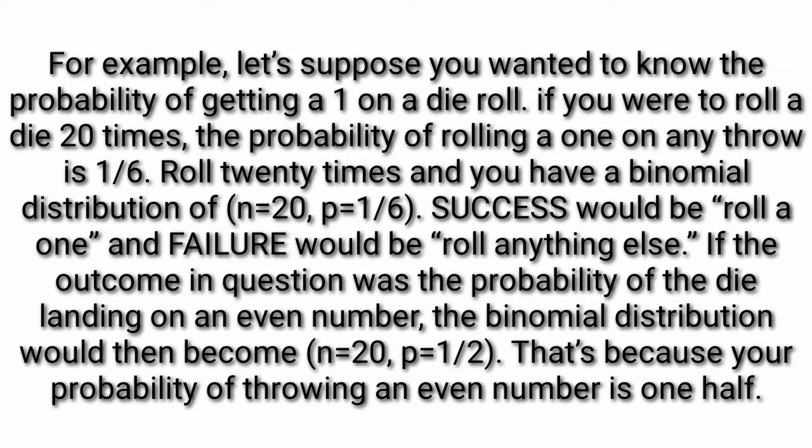Success would be rolling a 1 and failure would be rolling anything else. If the outcome in question was the probability of the die landing on an even number, the binomial distribution would then become n is 20, p is 1 by 2, right? That's because your probability of throwing an even number is 1/2.